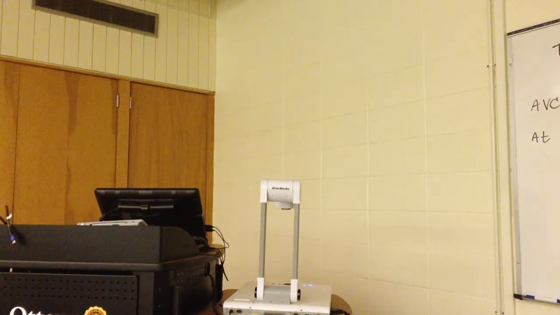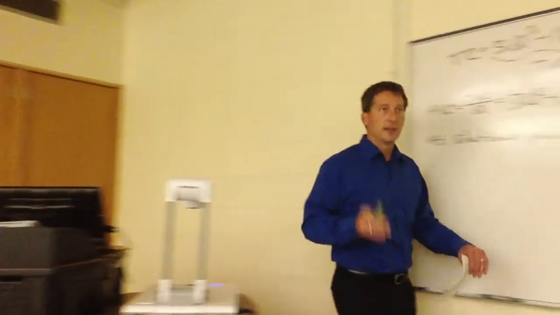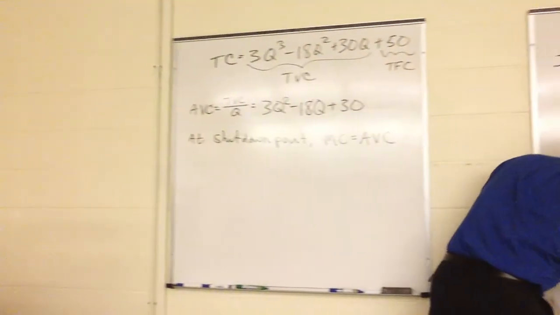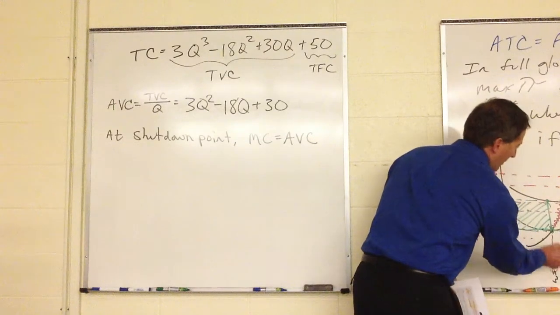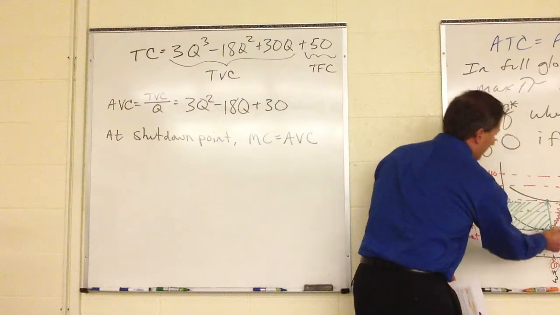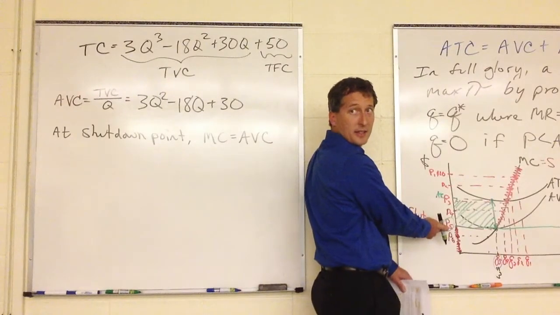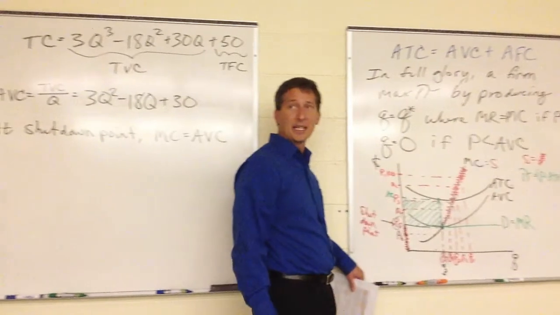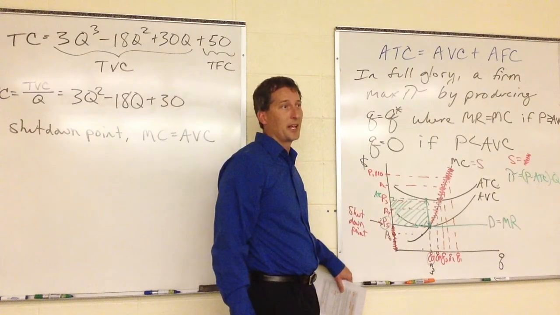No, you found the quantity that the firm will shut down at. So all you've solved for at this point is Q equals 3, the shutdown quantity. Now you need to find this shutdown price. So you need to substitute it back into something. And you actually have a couple of choices.